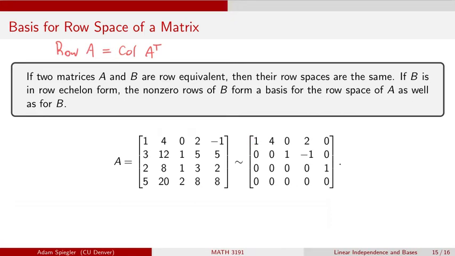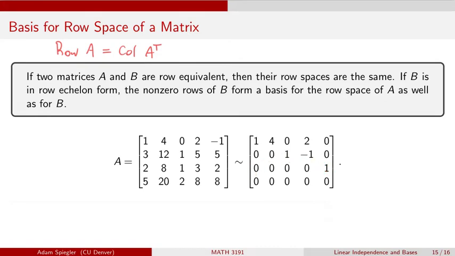You could stop once it's in row echelon form. It's not that important that the pivots are equal to 1 or that we eliminate entries above the pivots. But this is great. We have found a row echelon form, in fact reduced row echelon form, of matrix A, which is given over here.